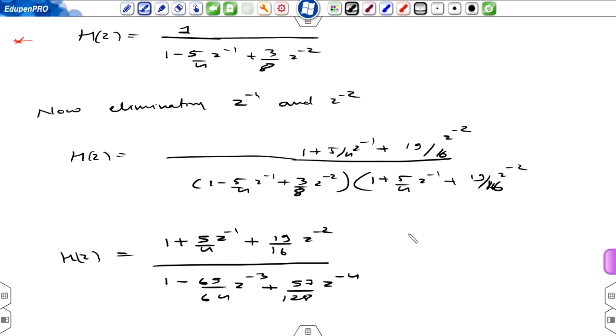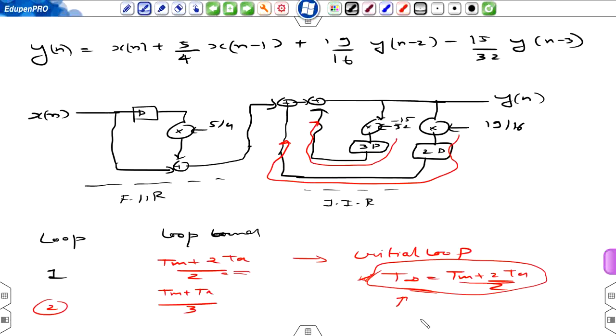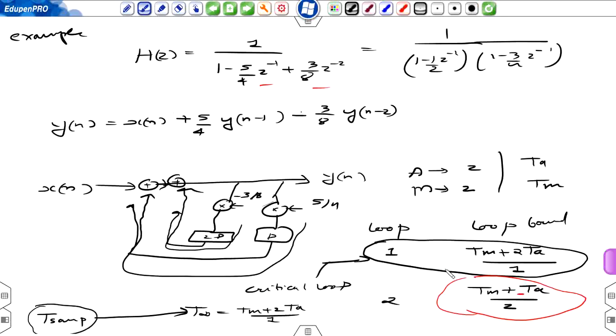Okay, so now without drawing I can say that the iteration bound of this circuit will be Tm plus 2Ta by 3, that is associated with this term. Okay, here I have Tm plus 2Ta by 2, and here I have Tm plus 2Ta by 1.